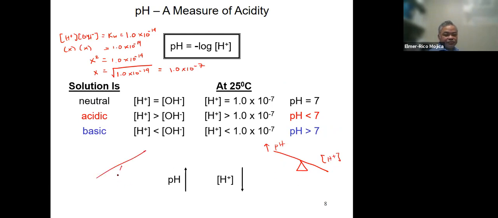Or as the pH decreases, the H plus increases. You follow? Everyone follow this concept?